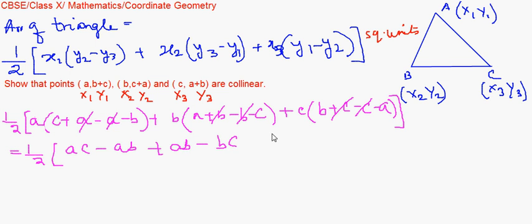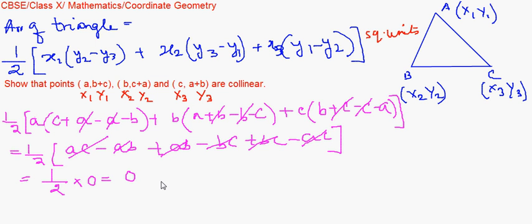I'm just removing the brackets, plus BC minus AC. So there is this AC getting cancelled, plus minus BC plus AB minus AB. So the bracket part gets 0, so half multiplied to 0 is a 0.